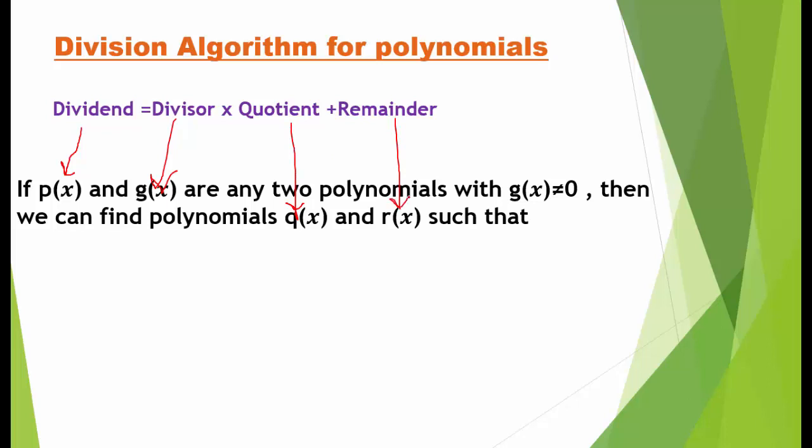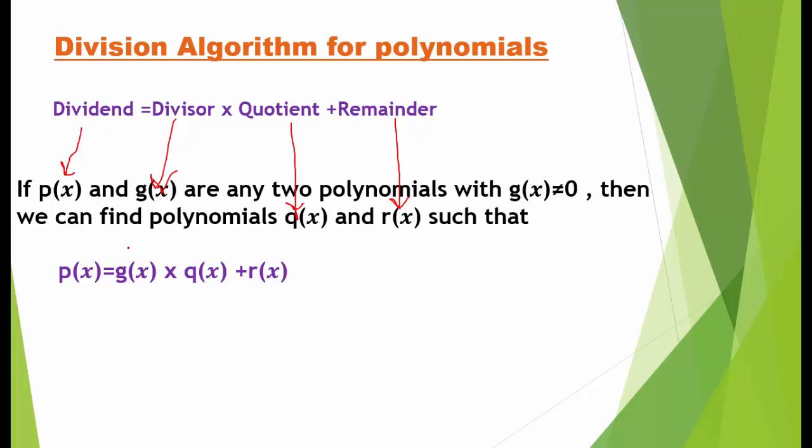Now, if we have two polynomials, say P(x) and G(x), meaning dividend and divisor, with G(x) not equal to 0, meaning there is some value for G(x). It may be in polynomial term or it may be in arithmetic term, say numerical. Then we can find two polynomials, say Q(x) and R(x), such that they follow the relation P(x) equals G(x) into Q(x) plus R(x).